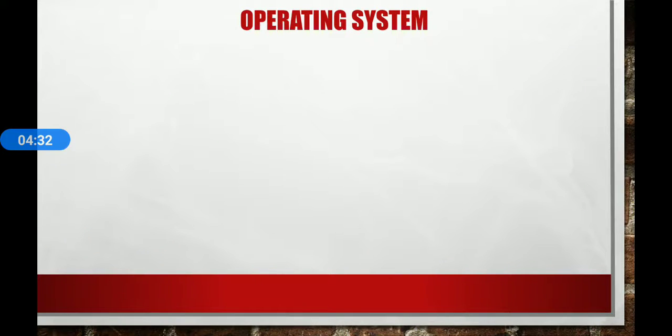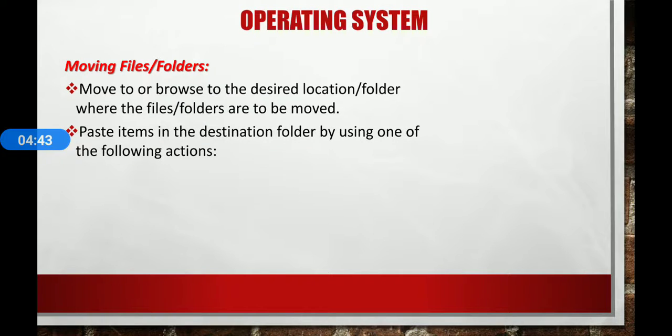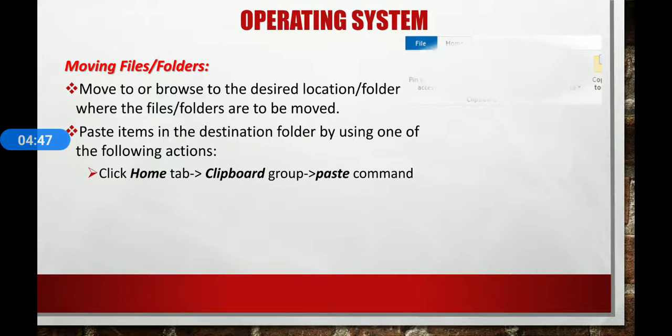And next, move to or browse to the desired location where the files or folder are to be moved. Paste the item in the destination folder by using one of the following actions. Click on the Home tab, go to Clipboard group and select Paste.